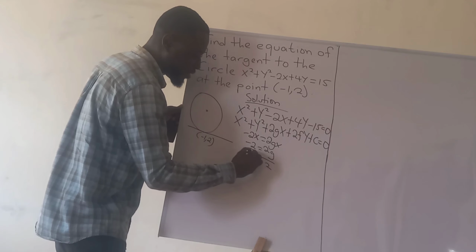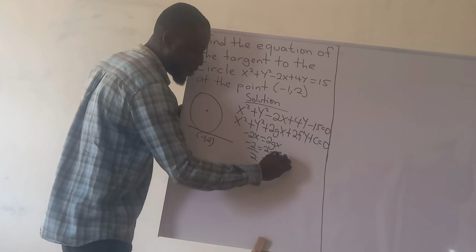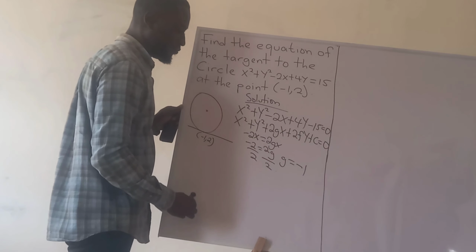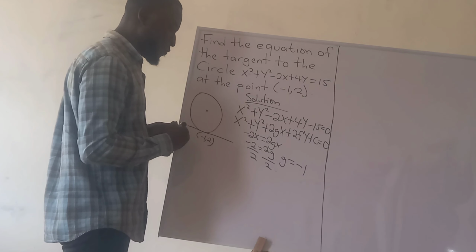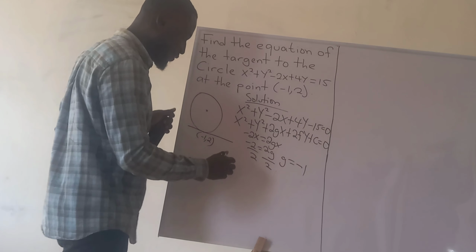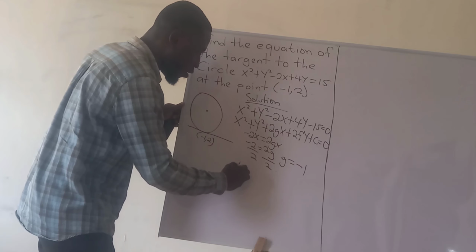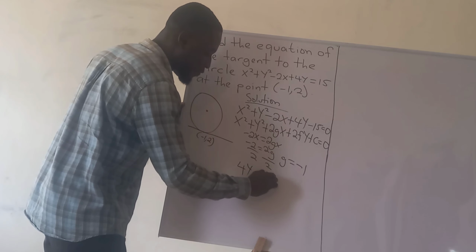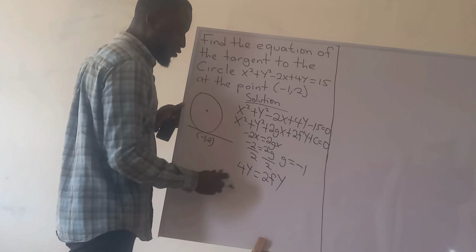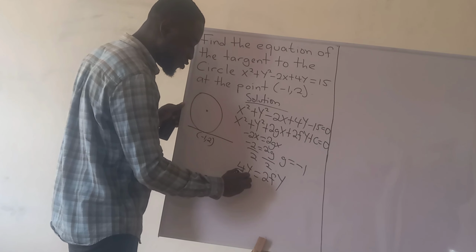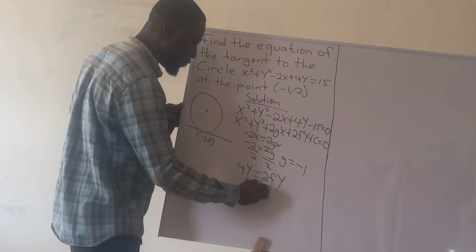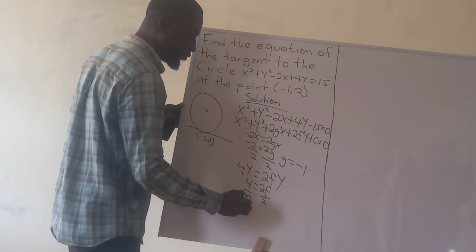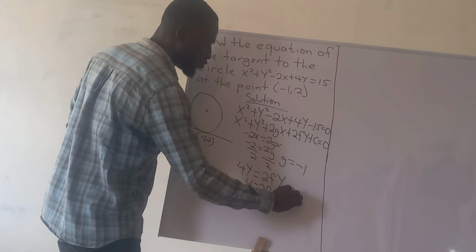Divided by 2 divided by 2, our j will be -1. Now for f, we compare 4y equals 2fy. The y will be out, so 4 equals 2f. Divide by 2, and our f will be equal to 2.